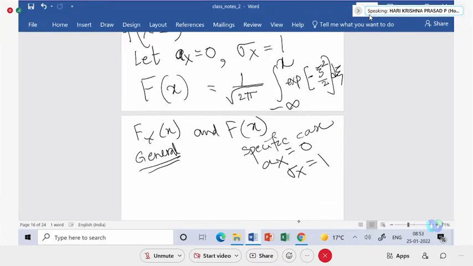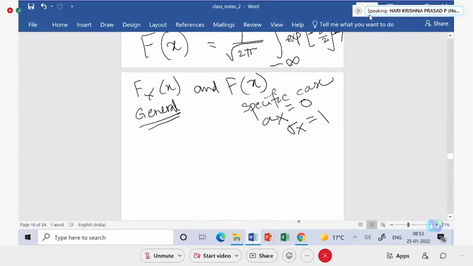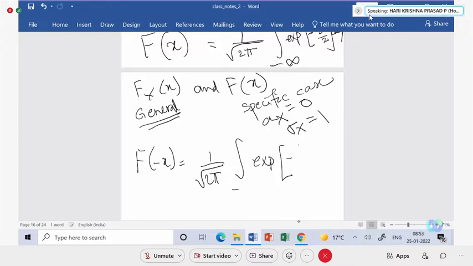Okay. Now the next question is, I want to evaluate what is f of minus x. So by definition, how do I write this expression? Since we are considering a Gaussian random variable with zero mean and unit variance, what are the limits?